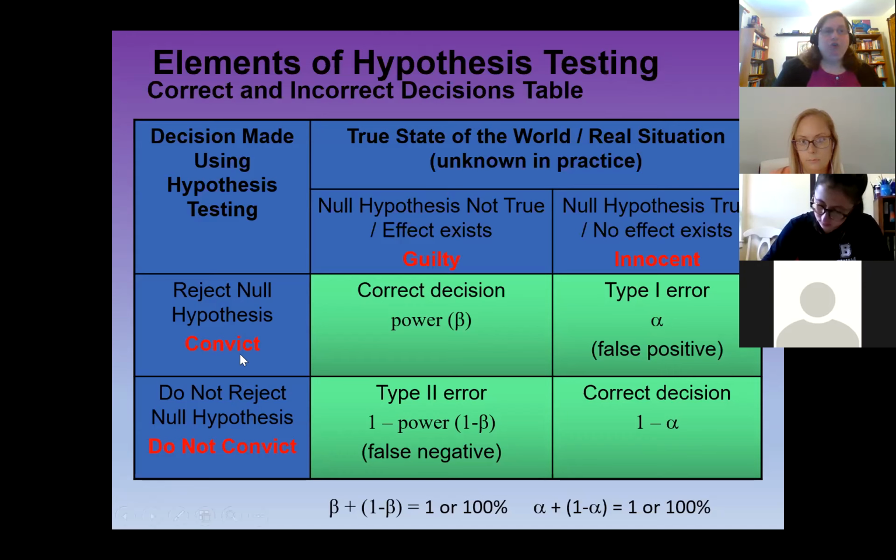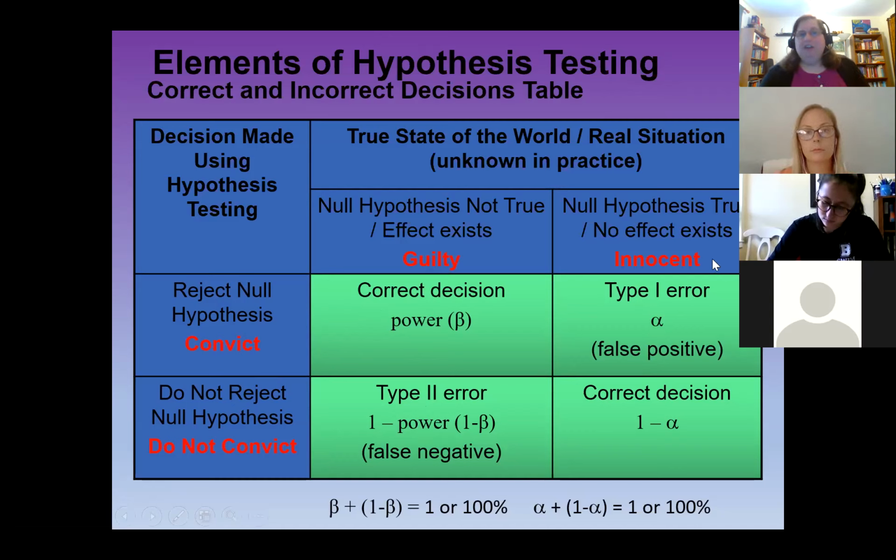And so your choice is to either convict or to not convict. So if the person is guilty and you convict them, great, you made a correct decision. If they're guilty and you do not convict them, a false negative, well, they kind of got away with it.